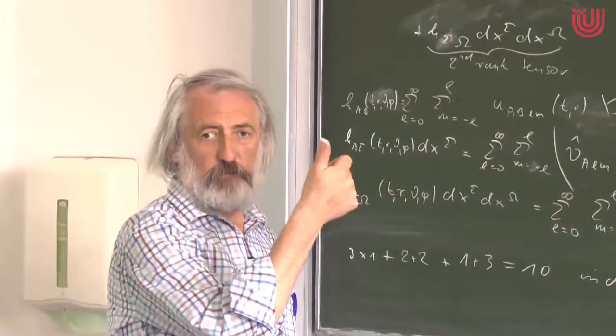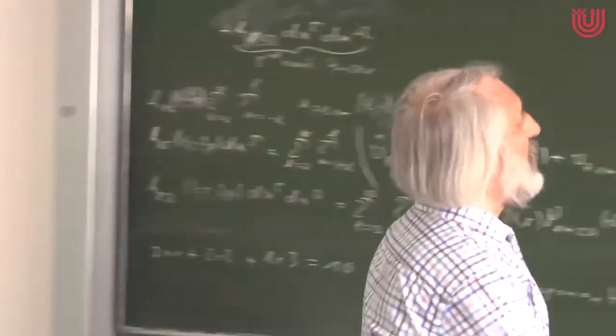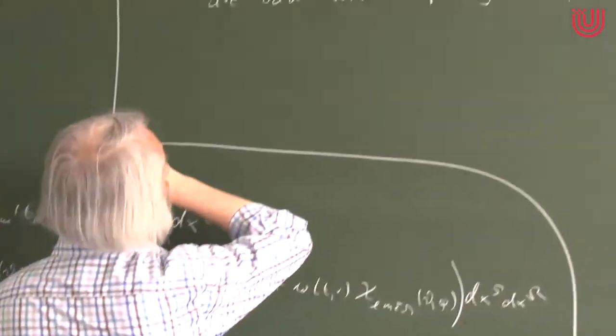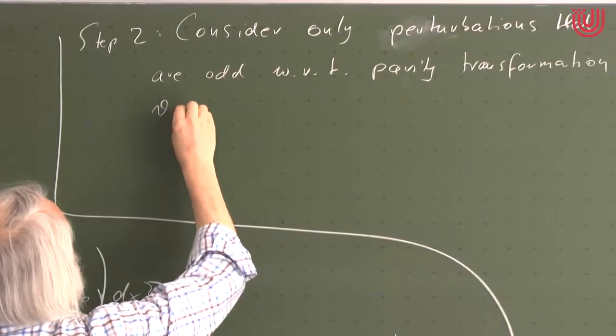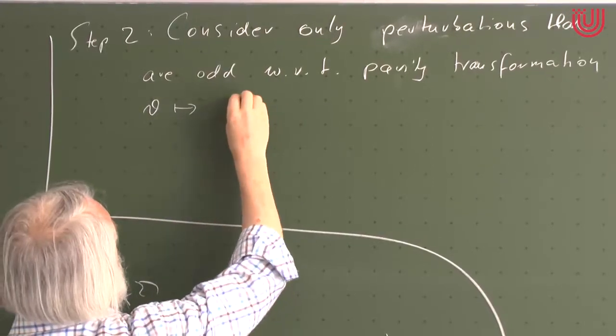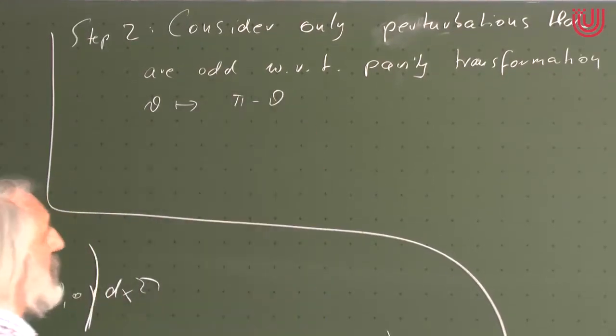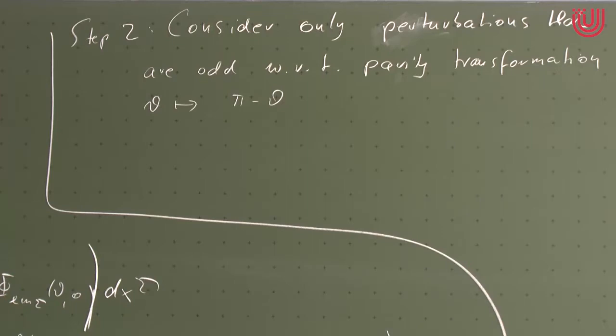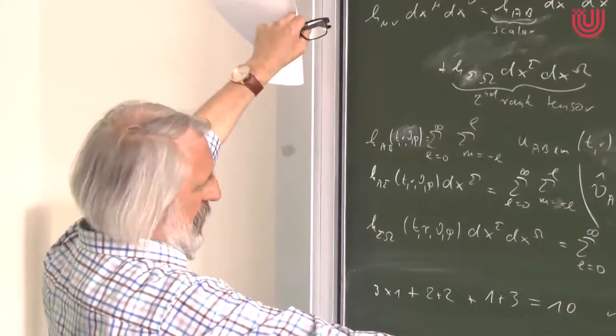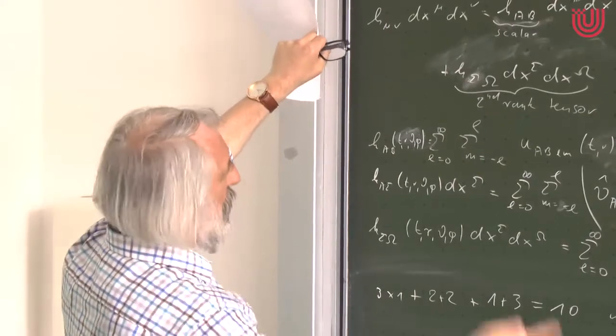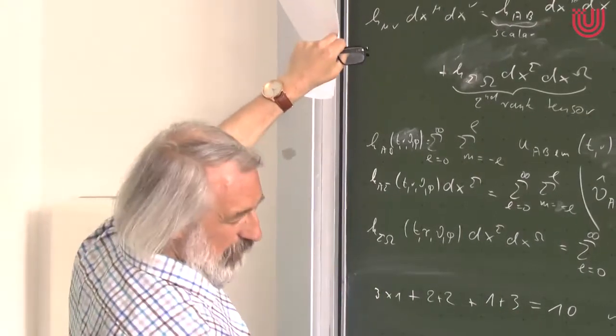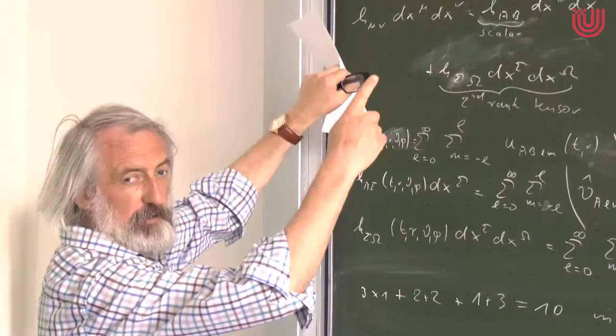Yeah, the spatial inversion. So what is the parity transformation in terms of our angles theta? The angle theta goes to pi minus theta. That's a reflection at the equatorial plane. Yeah, theta comes down from the positive z-axis. And if I want to invert the vector, then I have to replace theta by pi minus theta.